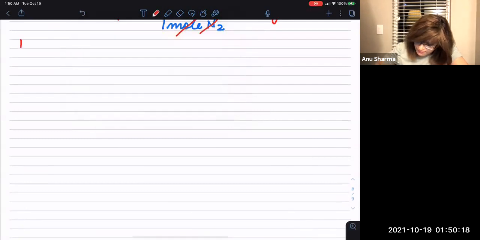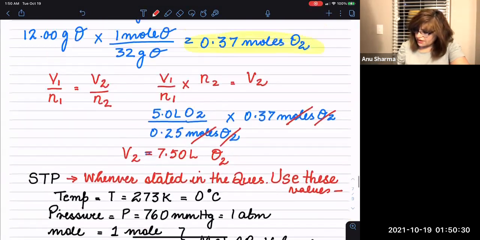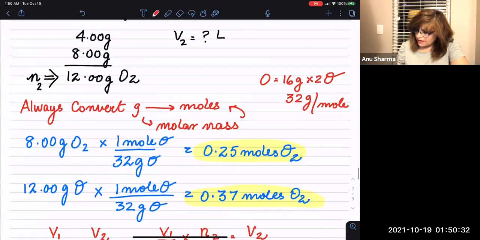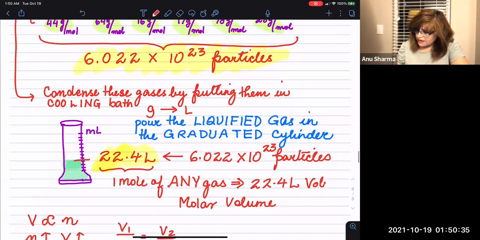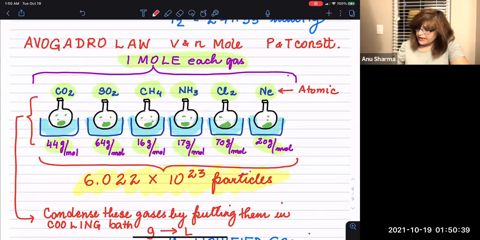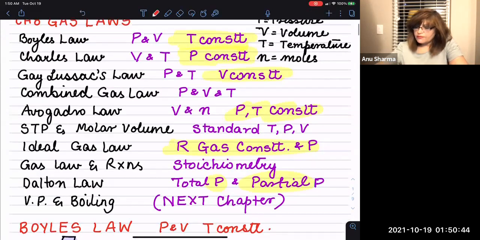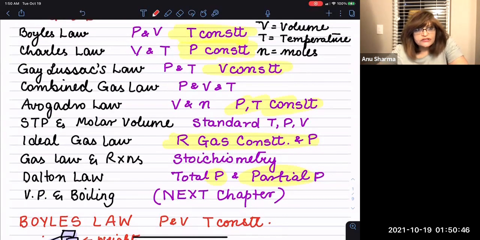When you combine all these laws, they give rise to the ideal gas law, where we accounted for all the things that we kept constant. In the case of Avogadro's law, we kept pressure and temperature constant. Let's go back. With Boyle's law, we kept temperature constant. With Charles's law, we kept pressure constant. With Gay-Lussac's law, volume constant.